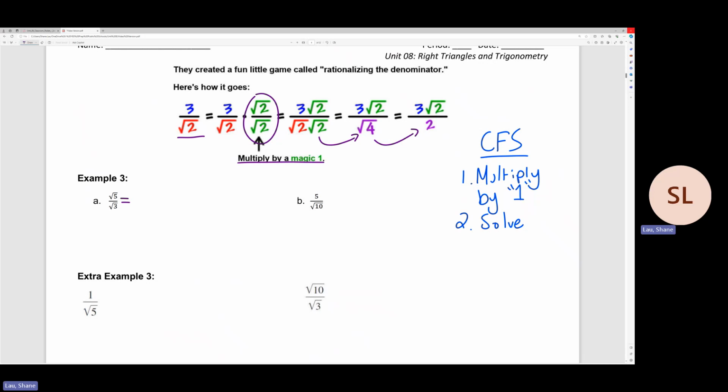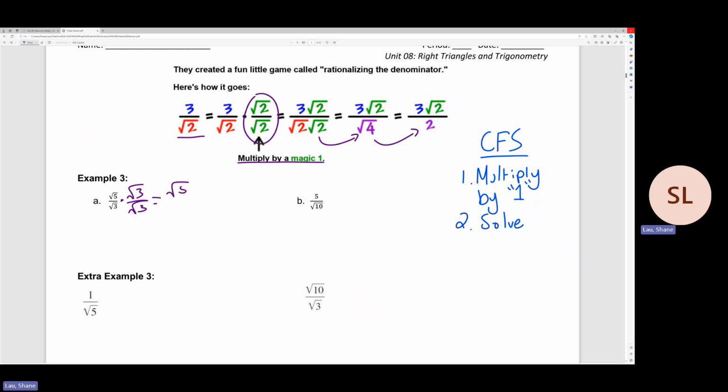And we'll actually see an example right here with example 3. So example 3 says, we want to rationalize our answer. We don't want the square root of 3 under here. So we'll multiply the square root of 3 on both the numerator and the denominator. Remember, we're multiplying by 1, essentially.